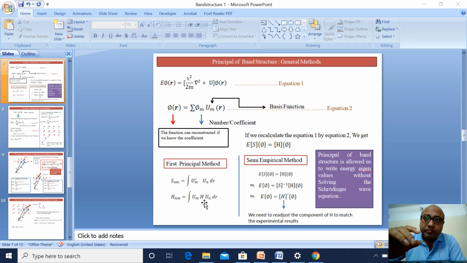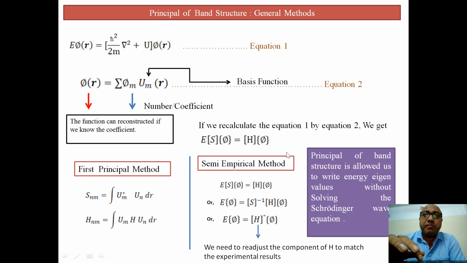But here we are considering what is called the semi-empirical method. We ultimately get E phi = H phi, and we try to adjust each and every component of this H matrix so that we can get the best fit to our experimental data points.